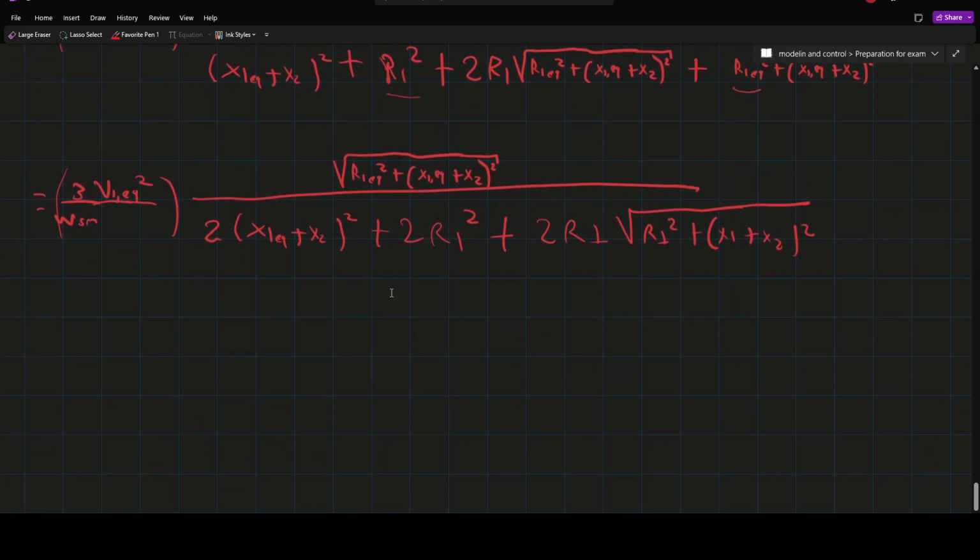Okay, now we can take the 2 out. So we can say 2 here because it's in h1, and we can collect the 2 out, and we can put together this over these two.